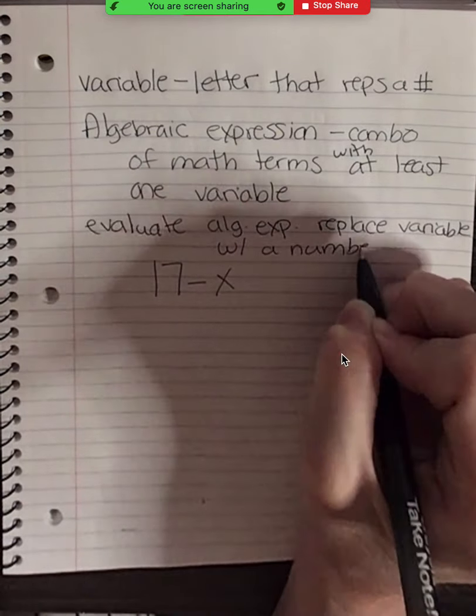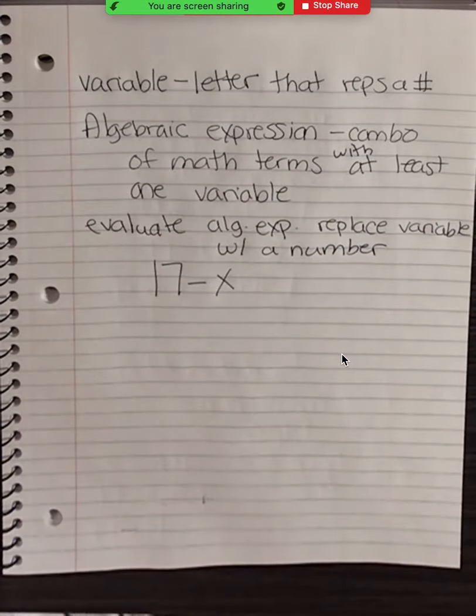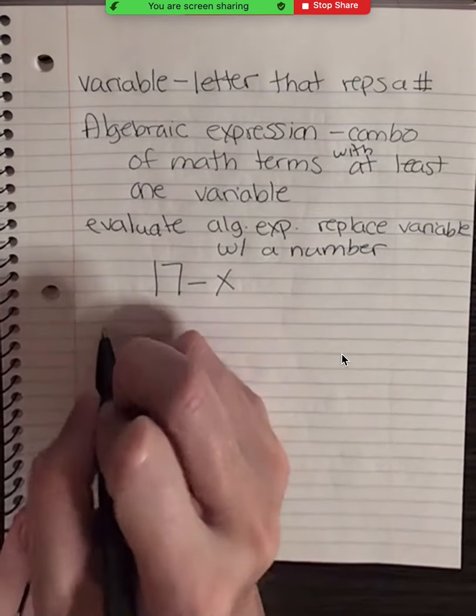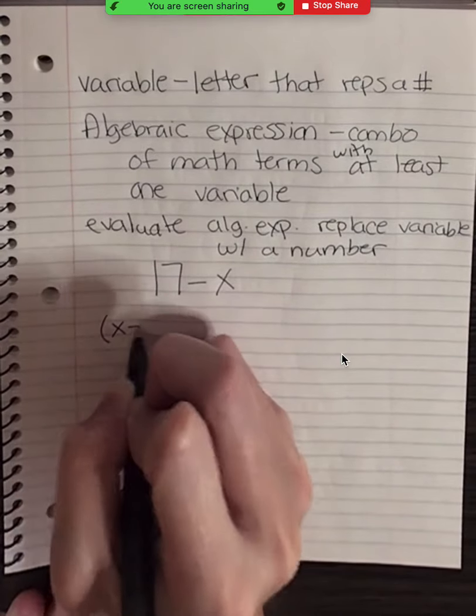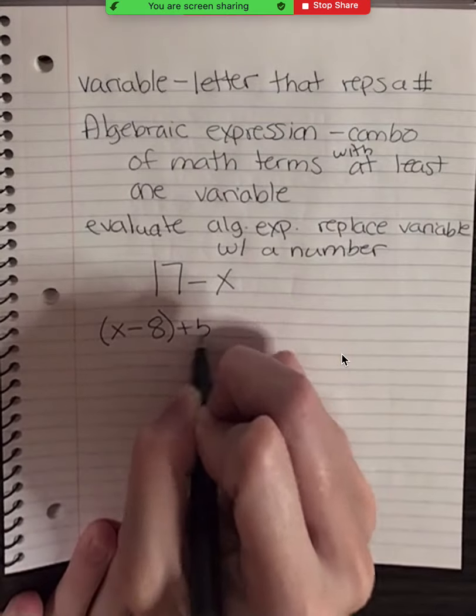And oftentimes they'll say, evaluate the expression when x equals blank, and then tell you what x equals. Okay, so for example, it says here is x minus 8 plus 5.